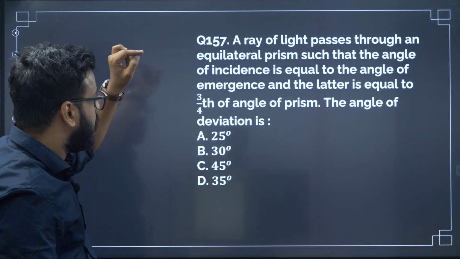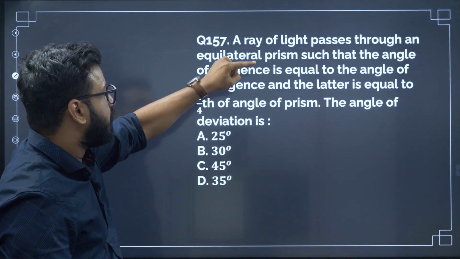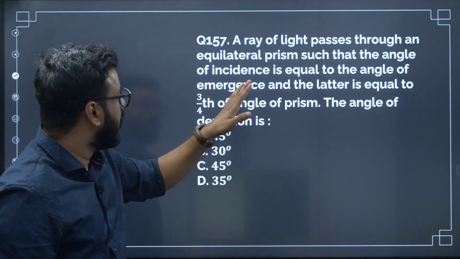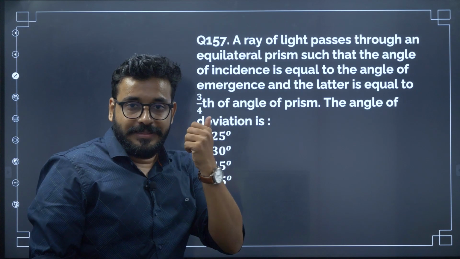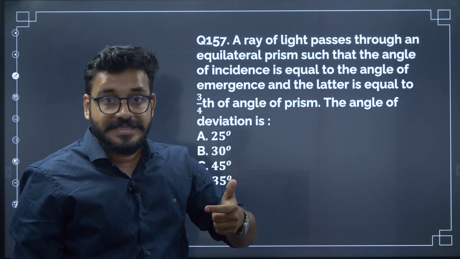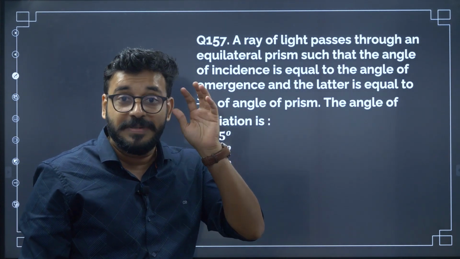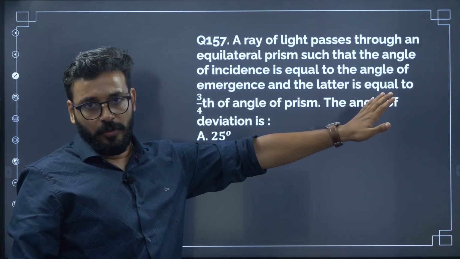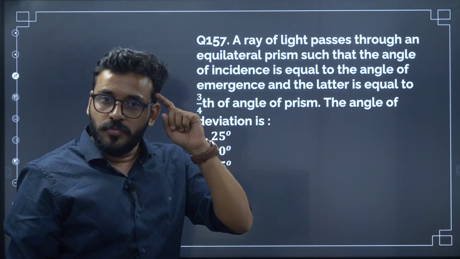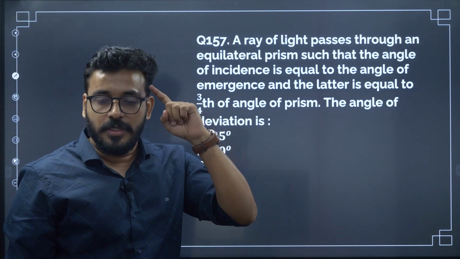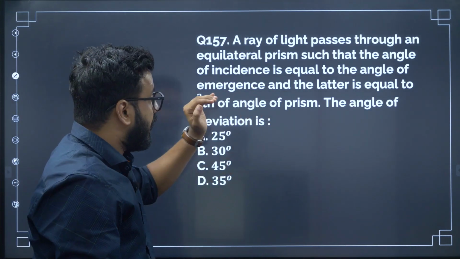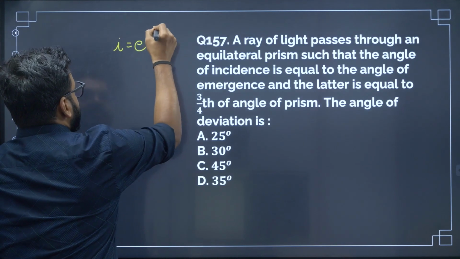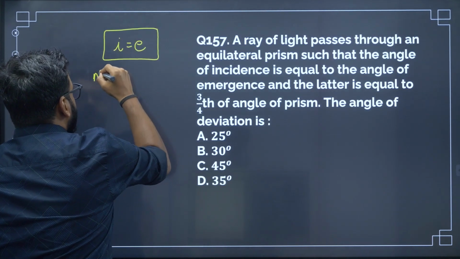Very simple question. Now, a ray of light passes through an equilateral prism such that the angle of incidence is equal to the angle of emergence. See, when such a clue is given right in front of you, it must be glaring for you. That must be the level of practice. Whenever you come across even such small clues, you must be able to travel in your mind to that particular concept. Angle of incidence equals angle of emergence is a prime condition for minimum deviation.